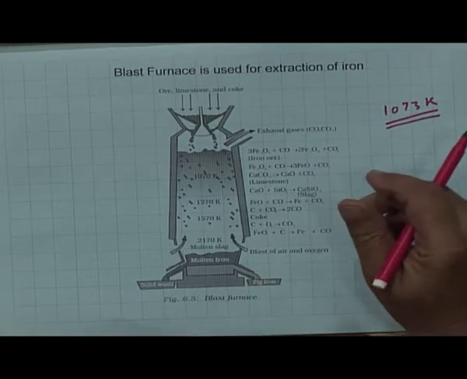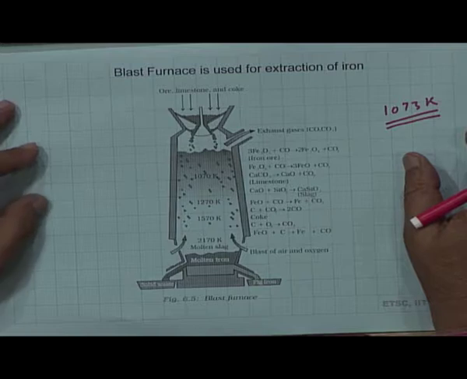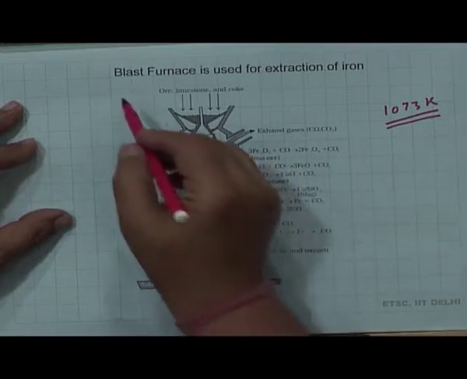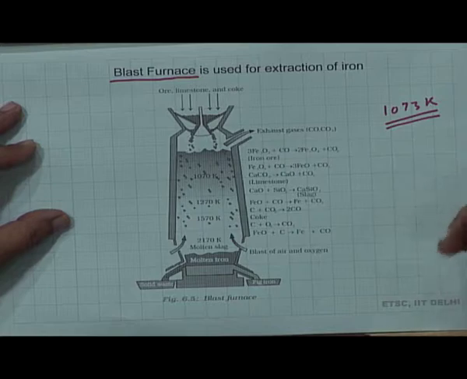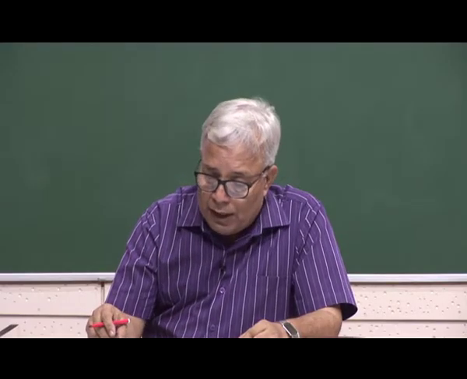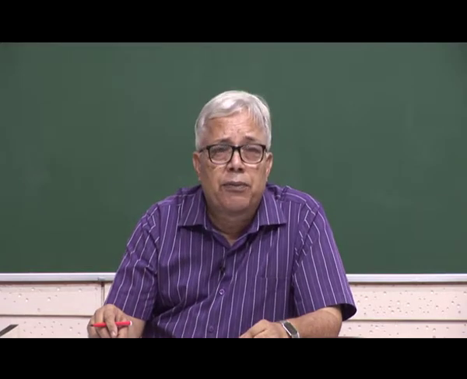So, you cannot have it in a normal apparatus, you require a very specific apparatus for this purpose, and this specific apparatus is called a blast furnace, because anything which has high temperature we call a furnace or oven. So, this also has a high temperature, we call it a blast furnace.